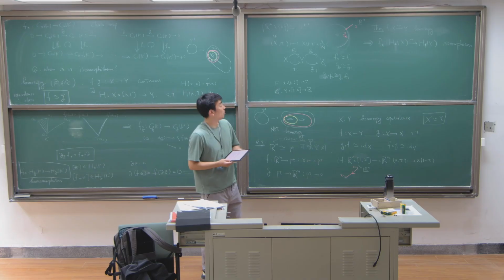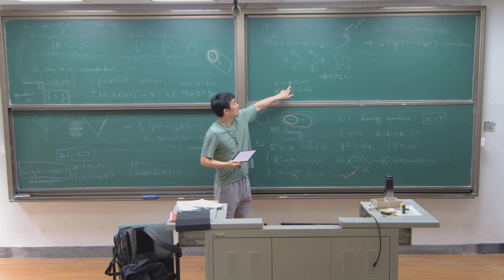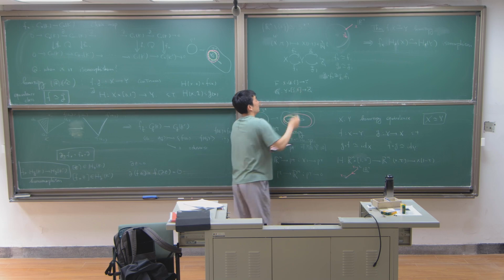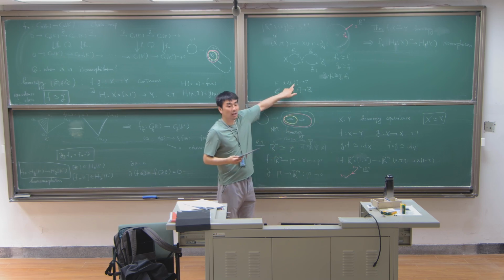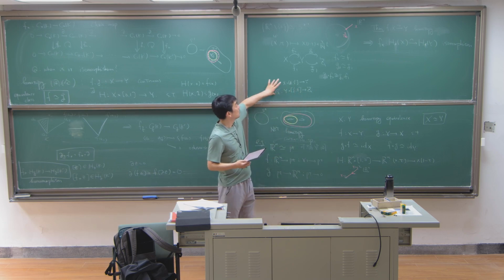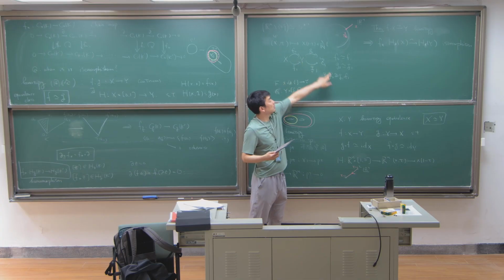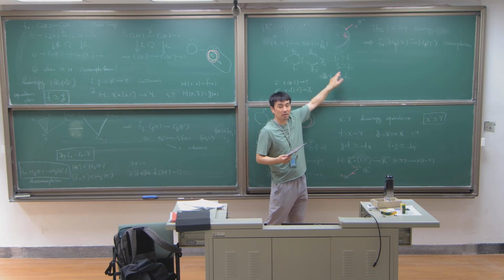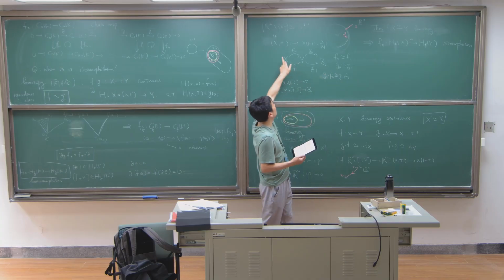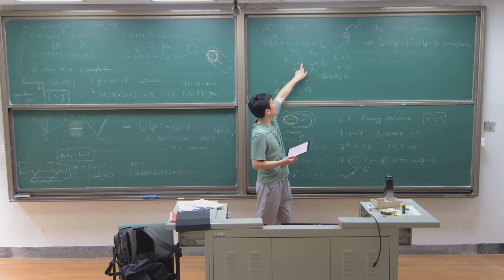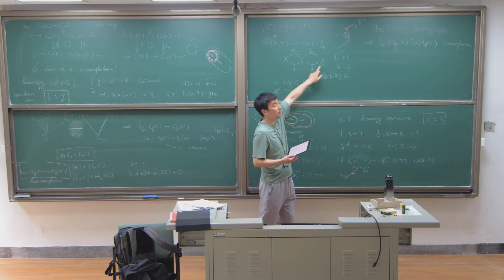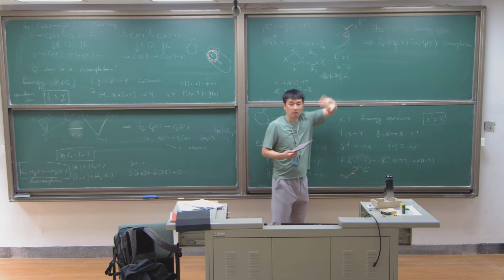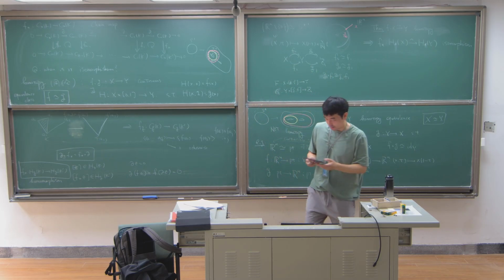If you combine these two continuous maps, you can show that F0 G0 is homotopy equivalent to F1 and G1. So therefore, if X and Y are homotopy equivalent, and Y and Z are homotopy equivalent, that means X and Z are homotopy equivalent. So therefore, they form an equivalence relation.